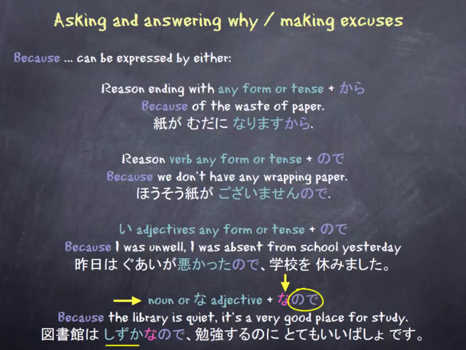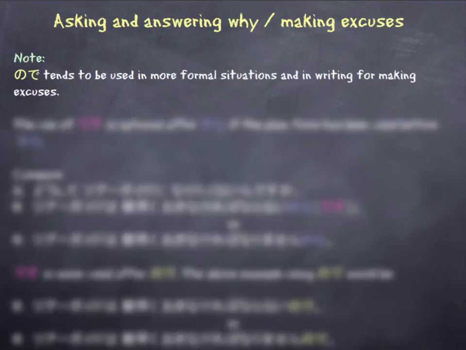So here we have our na adjective, which is shizuka, and we've simply inserted the na after our na adjective, and then we've followed that with no de. Again, we could also translate this to be, the library is quiet, so it's a very good place for study. Now, please note that no de tends to be used in more formal situations and in writing for making excuses.